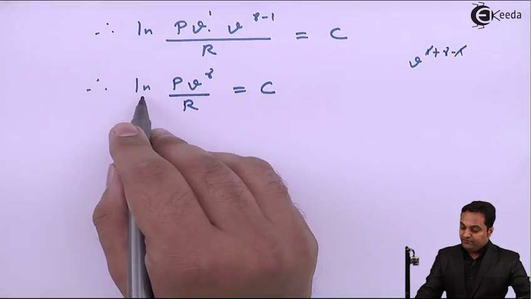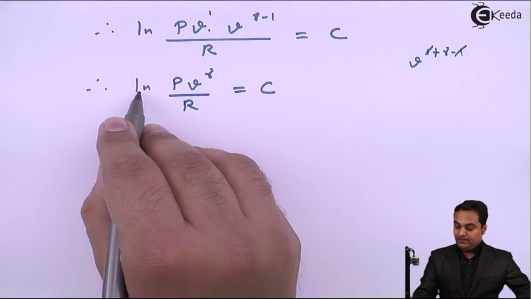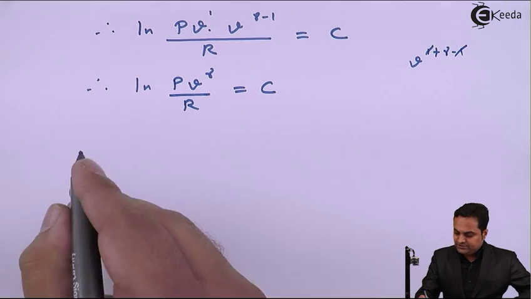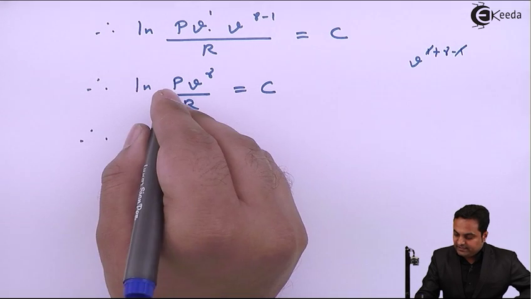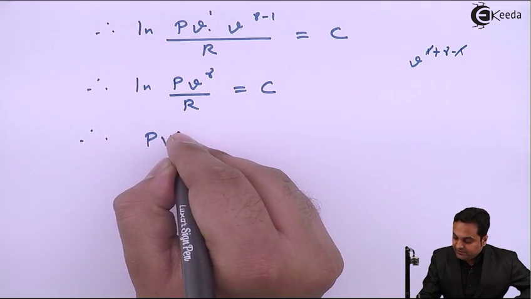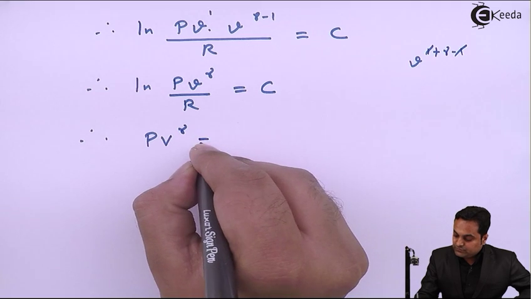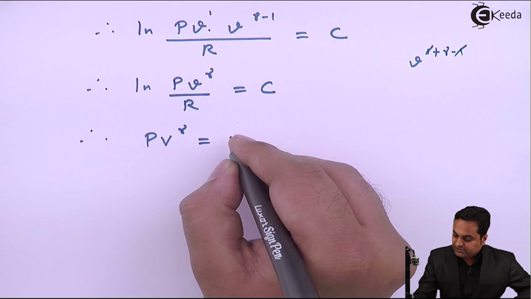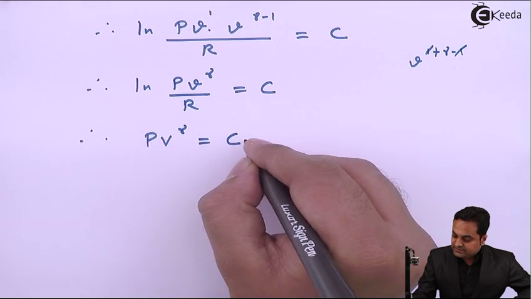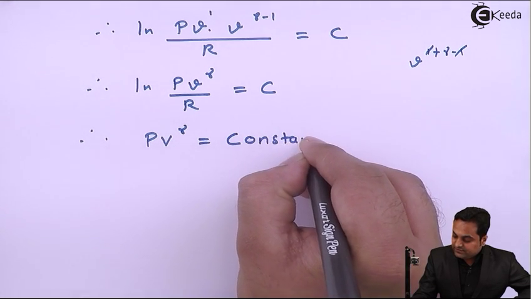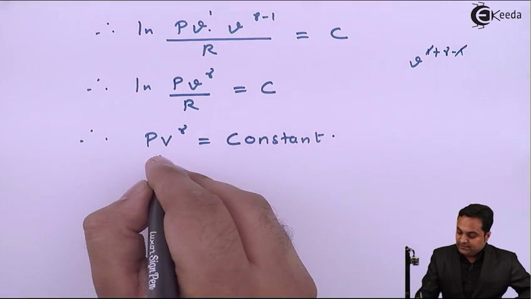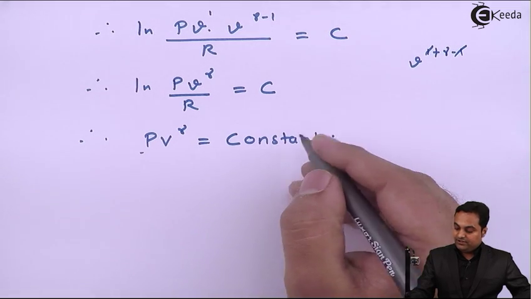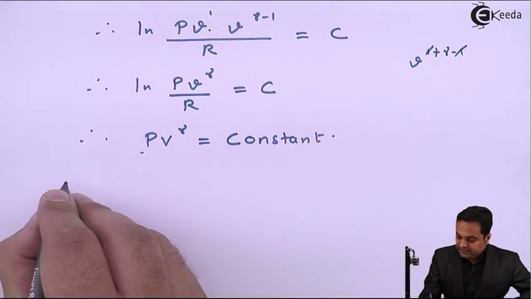Next, if I take anti-ln, it means if I shift this ln onto the other side, or taking anti-ln on both sides, this anti-ln and ln will get cancelled. So here I would be having PV raised to gamma, and the anti-ln of this entire constant will give me another constant, and then if I have R here, multiplying it with the constant will give me another value, so this entire term is constant.